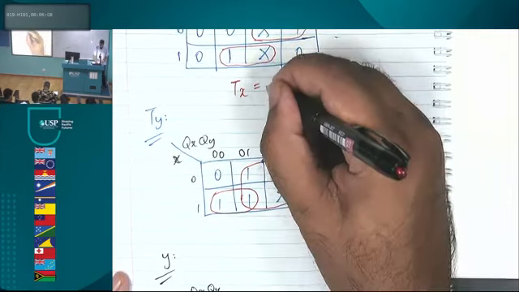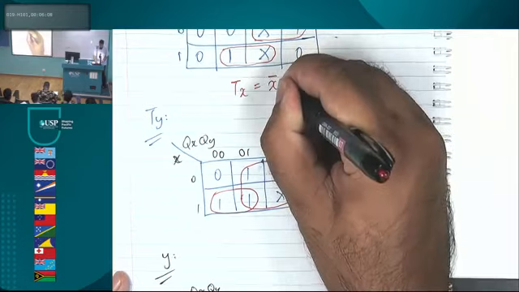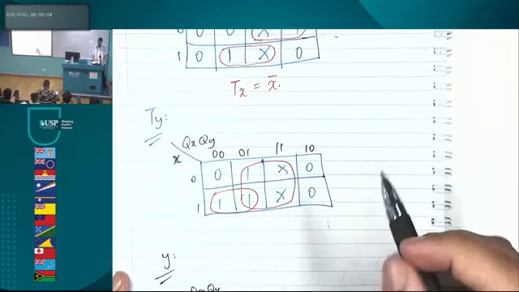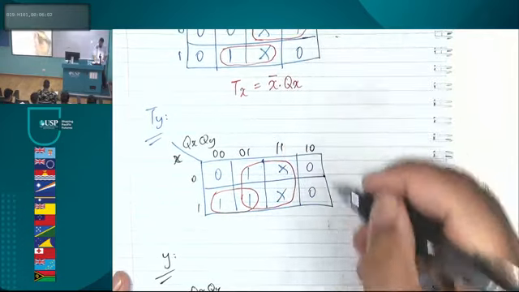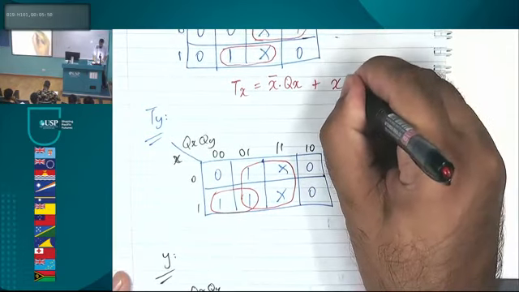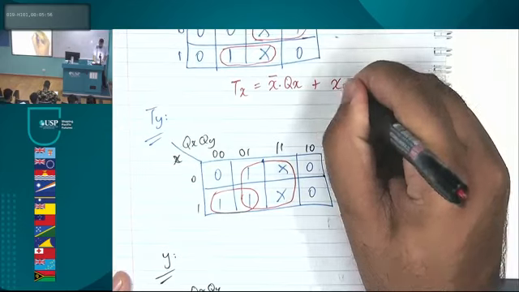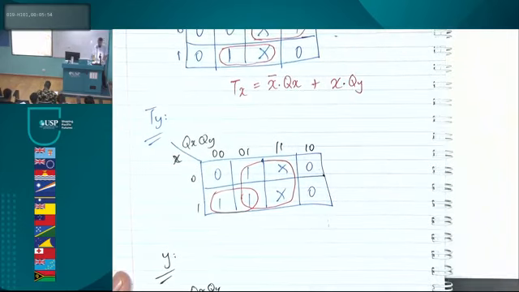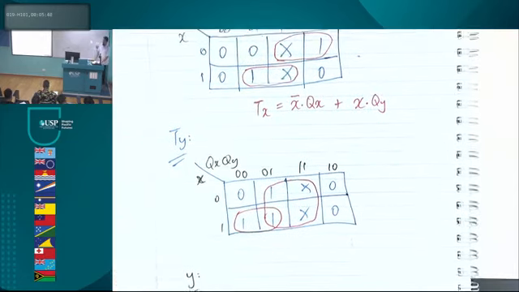It'll be x bar and Qx and x and Qy. Am I correct over there in the first one? Yeah, okay, second one.